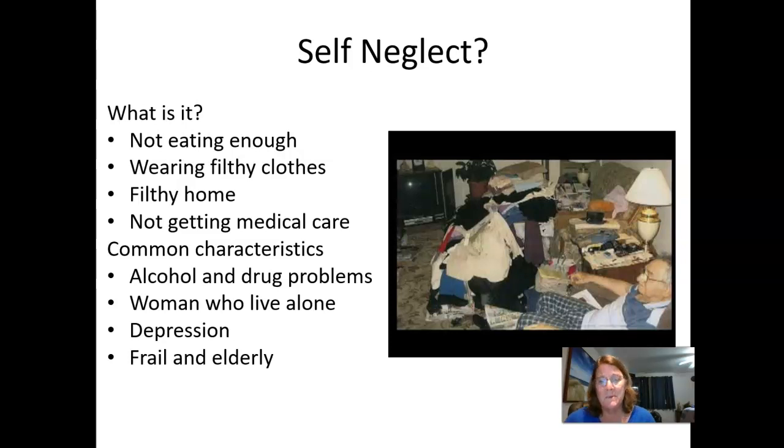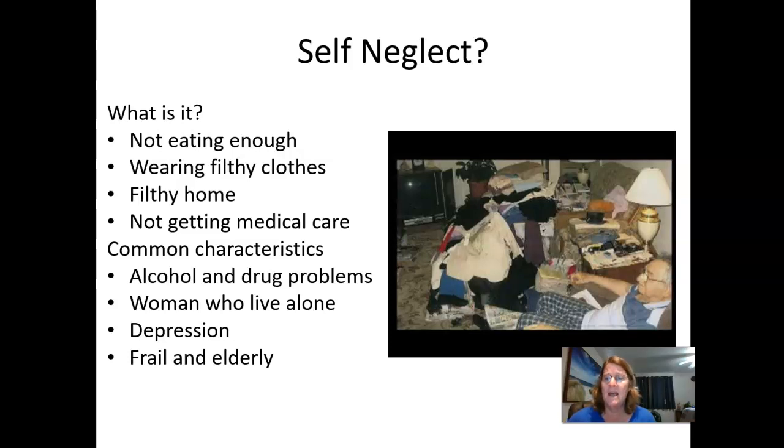But even sometimes when they do that and then they let them go back home, they may choose to go right back into the lifestyle that they had before. Again, if the person has cognitive function, and that's the big key, they have the right to refuse care. They have the right to refuse help. So self-neglect, sometimes people do this to themselves.